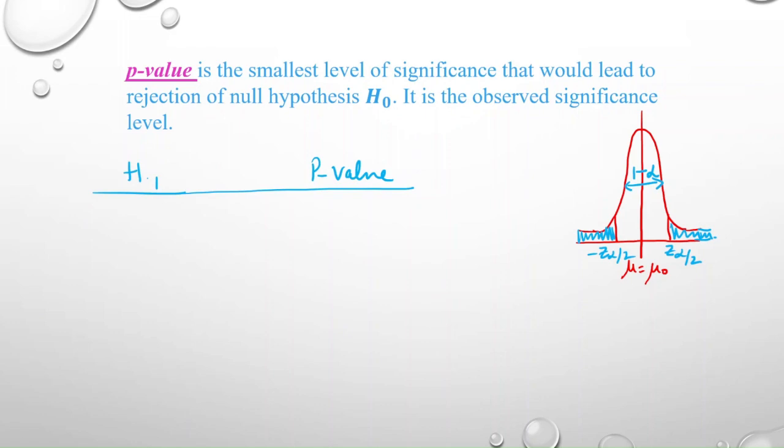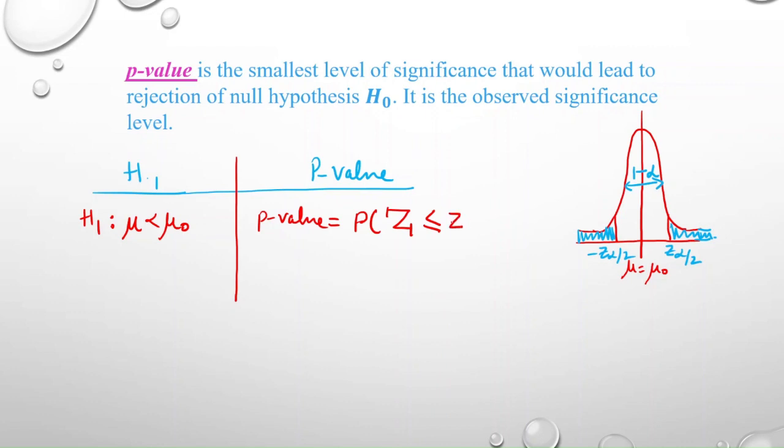In the first case, H1 is left tailed. For the left tailed, when we say that mu is less than mu naught, the p-value is calculated by the probability of z less than or equal to z observed.